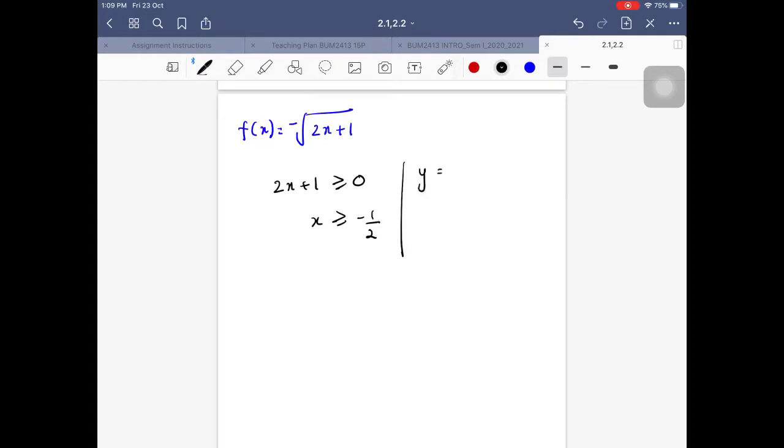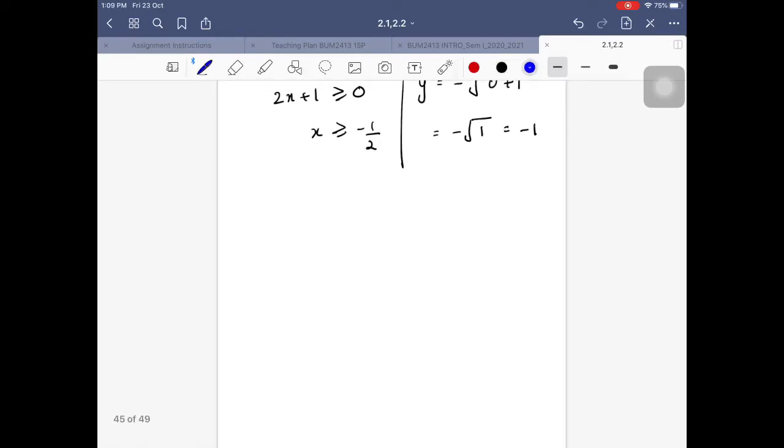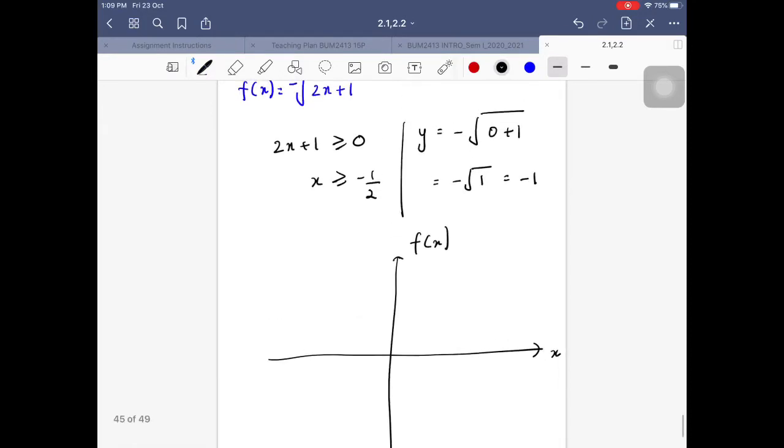And as for the intercept, y is going to equal negative square root of 0 plus 1. So it's going to be negative square root of 1, which is going to be negative 1. When I sketch my function, this is going to be the axis, this is going to be x, and this is going to be f of x.